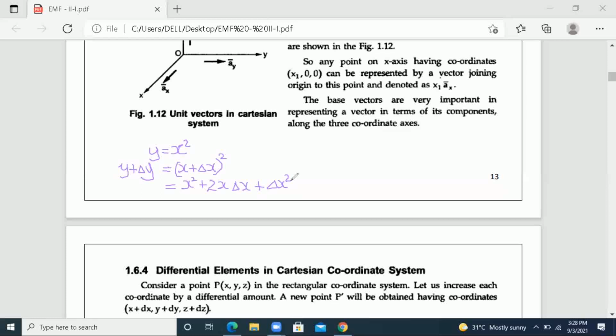So the point is, since delta X is already a small change in X, delta X squared is a smaller number compared to delta X. So for all intents and purposes, we could basically say this almost goes to 0. You agree? Yes, sir.